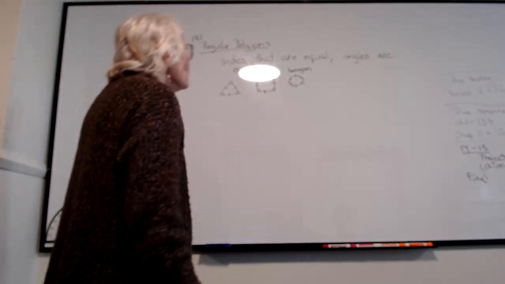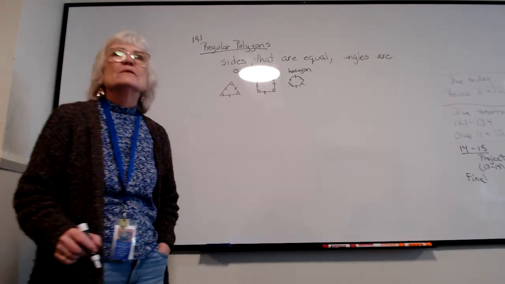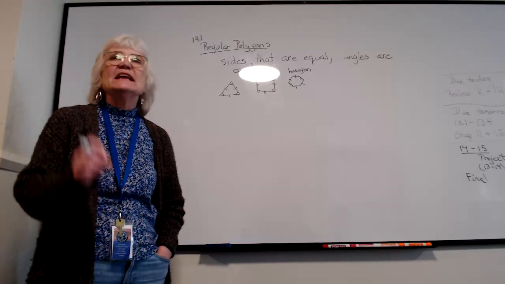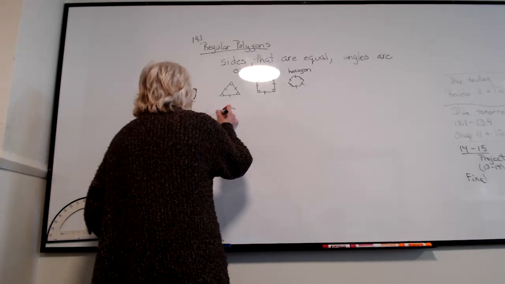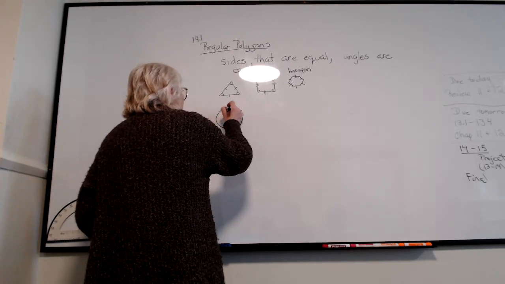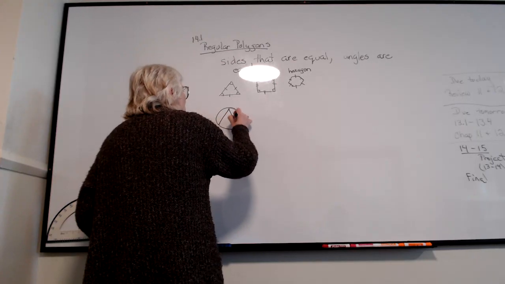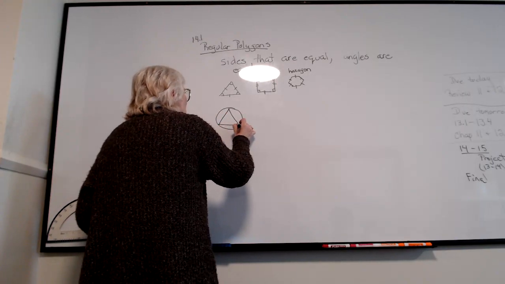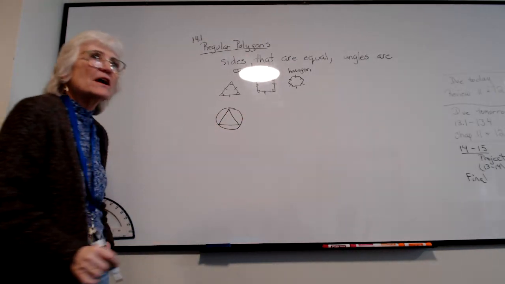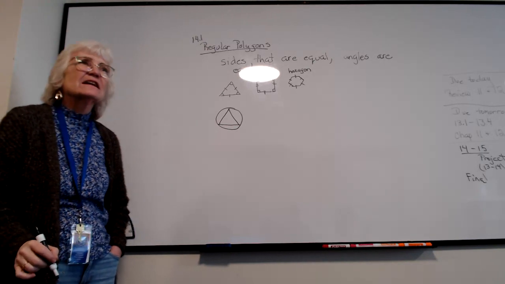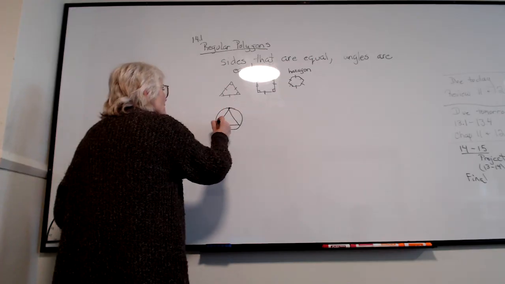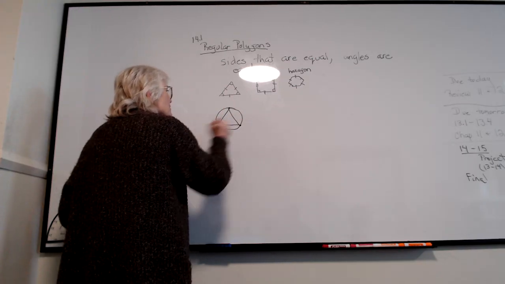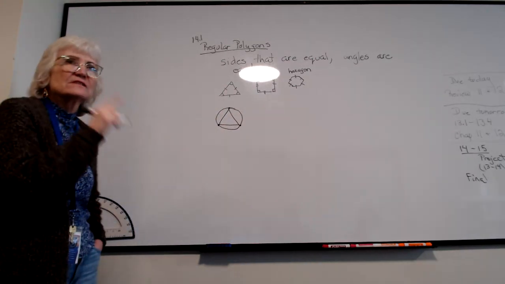So, when we have a regular polygon, any regular polygon can be inscribed into a circle. So if you have an equilateral triangle, it can be inscribed into a circle. The circle hits all the vertices.